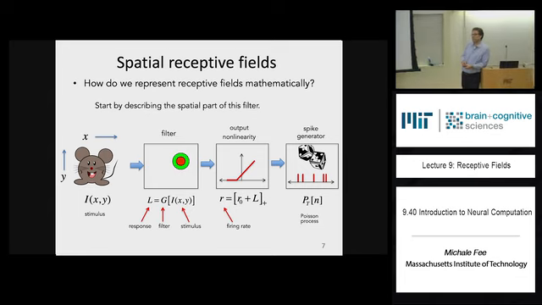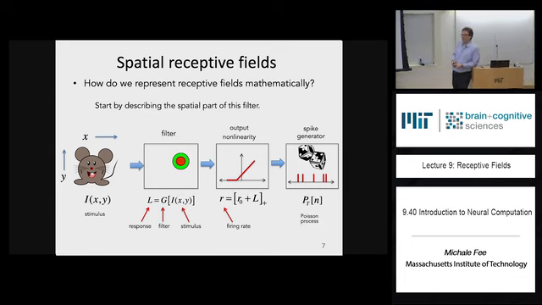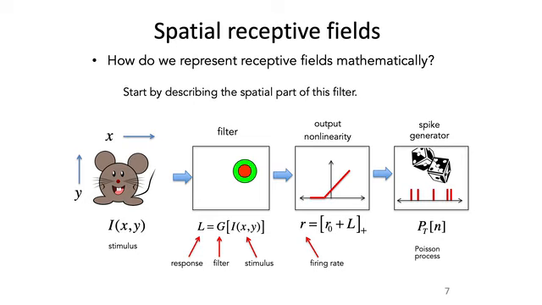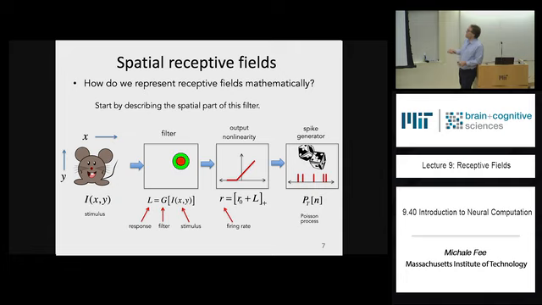Yes, Jasmine? Great, exactly. So it's going to turn out that we're going to treat this as a linear filter. The output of this filter will be calculated for a spatial receptive field as the correlation of this filter with the stimulus.